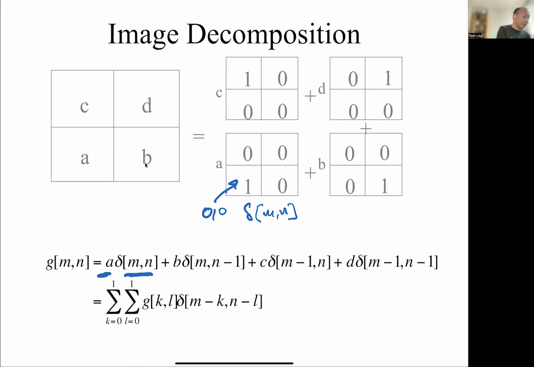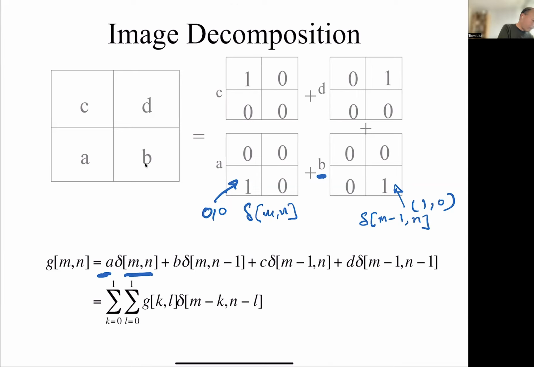Let's look at one other example. Let's say this is B, so B times this image here. This coordinate here is 1, 0. We've shifted 1 to the right and we're still at 0. So this would be delta m minus 1, n.